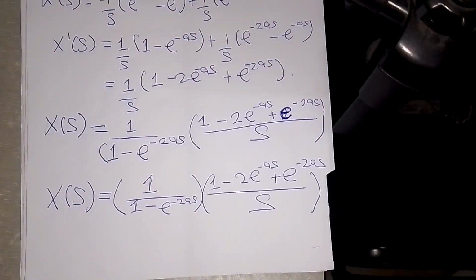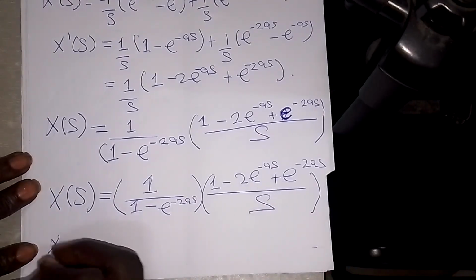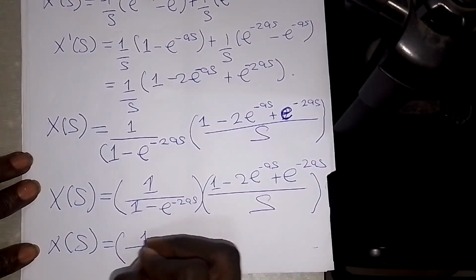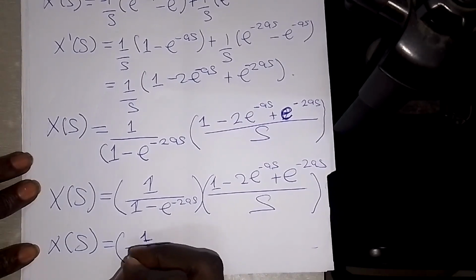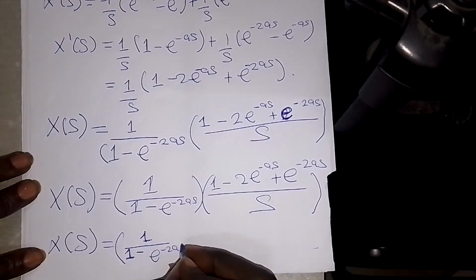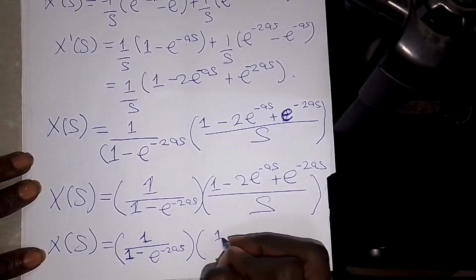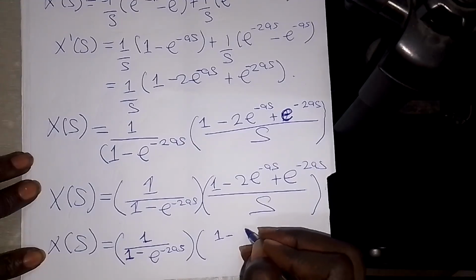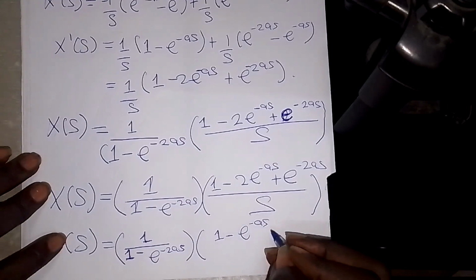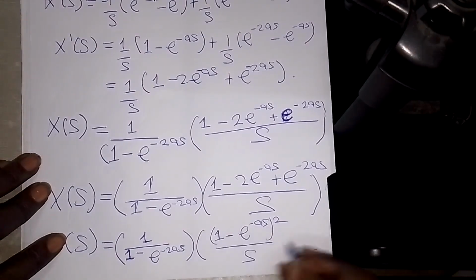But if you observe critically, you can see that this is a difference of two squares. So you can also see that x of s is equal to 1 over 1 minus e^(-as), and the difference of two squares is 1 minus e^(-as) all squared, over s into this.